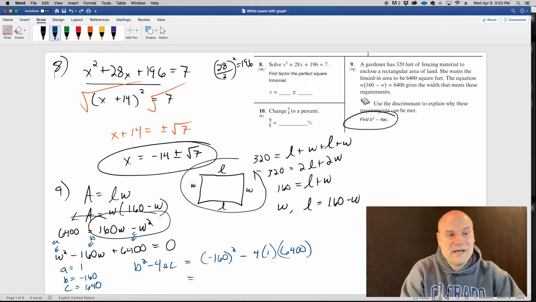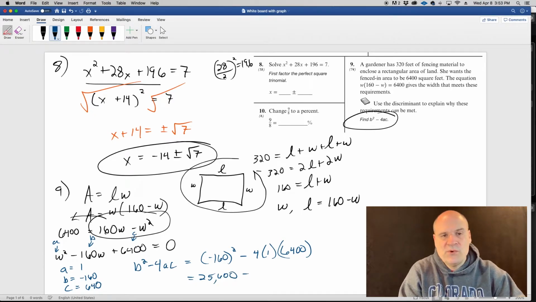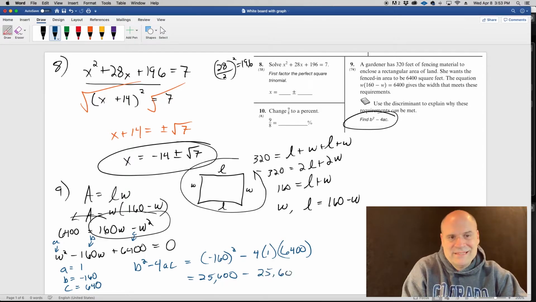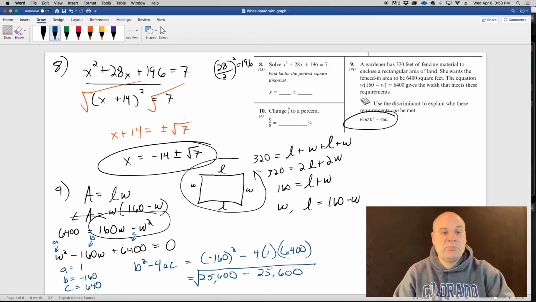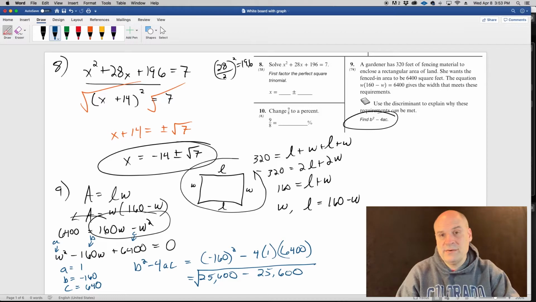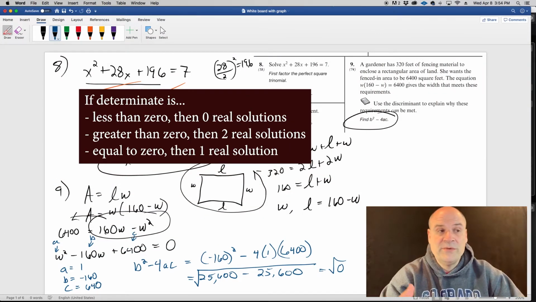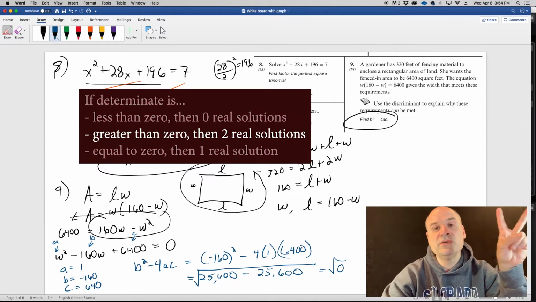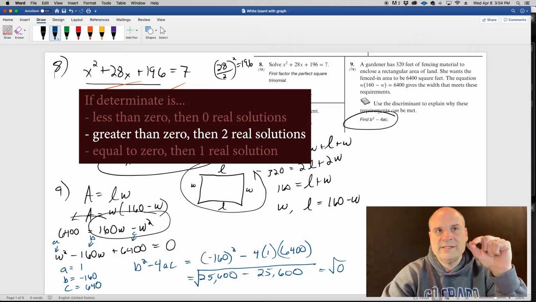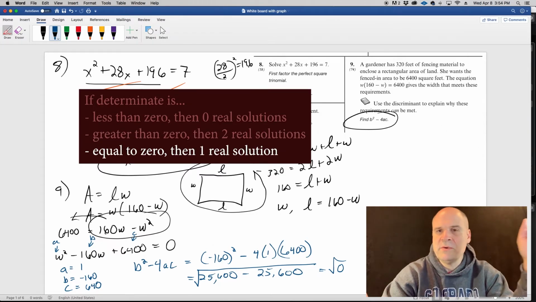Well, that's just positive 25,600. Minus, what's 4 times 6,400? 25,600. So this is not positive, but it's not negative. It's 0. So that's going to work. If it was another positive number, then you would have 2 real solutions. But since it's 0, you only have 1. And that's okay, we're okay with that.